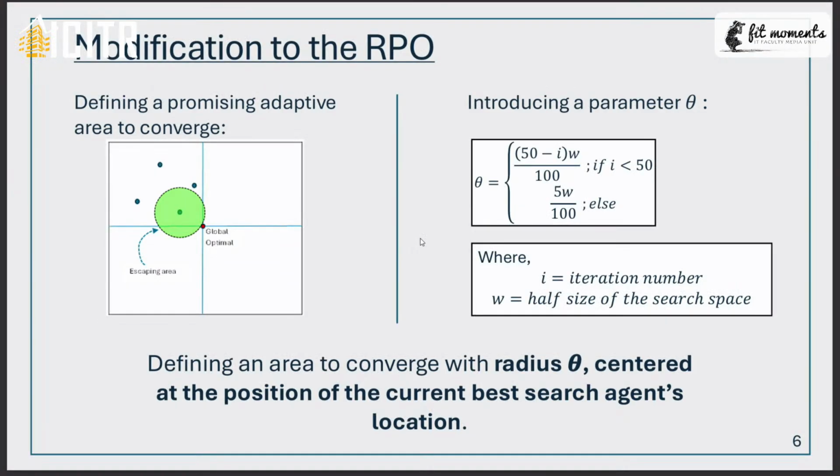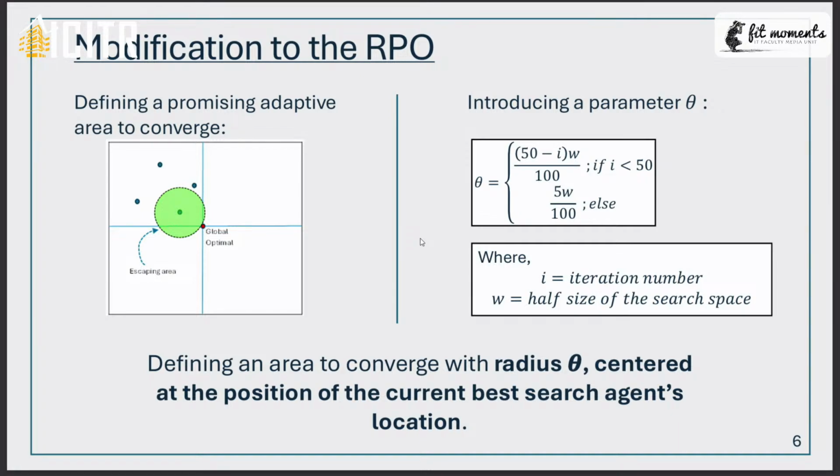To avoid this scenario, we have suggested a new escaping area which focuses on the best objective value in the current iteration. This escaping area is centered at the global best objective value in the current iteration, and it has a radius of theta.